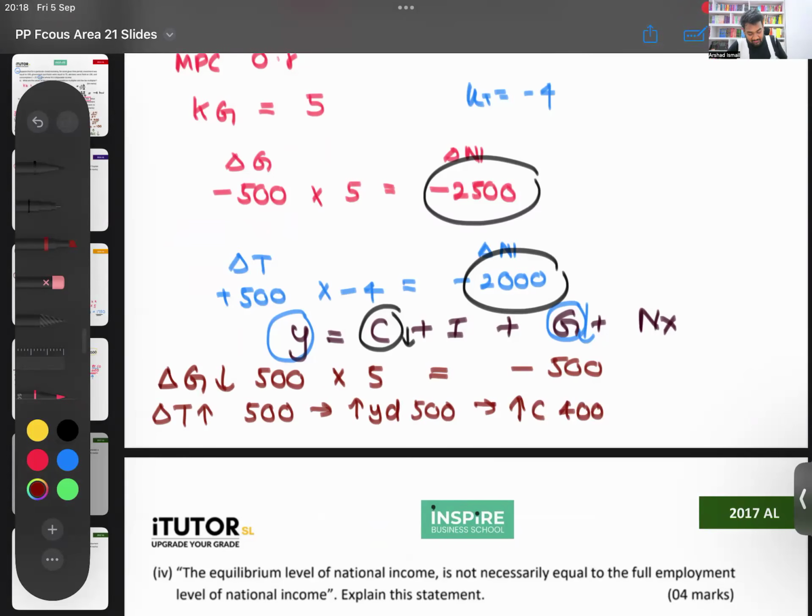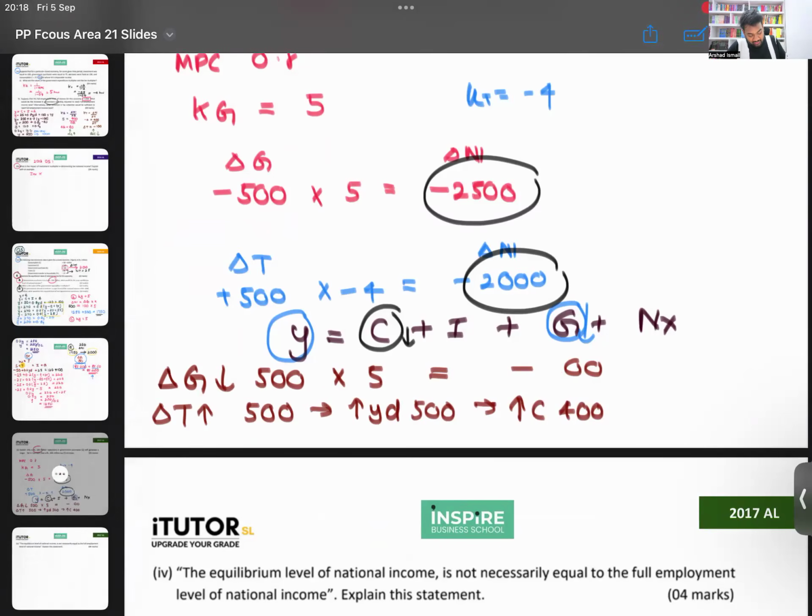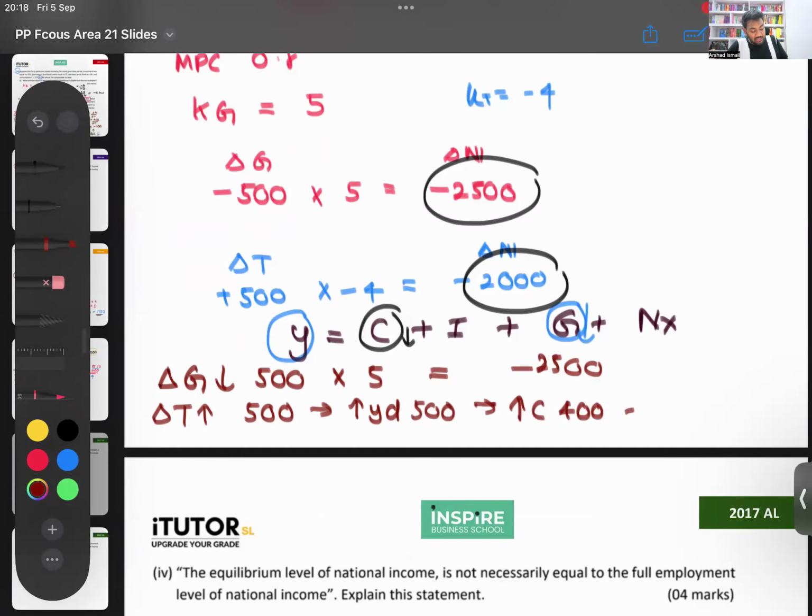As a result, only that 400 gets multiplied by 5, and that is why national income falls only by 2,000. So here national income falls by 2,500, but here it falls only by 2,000. Government spending has a higher impact than tax.